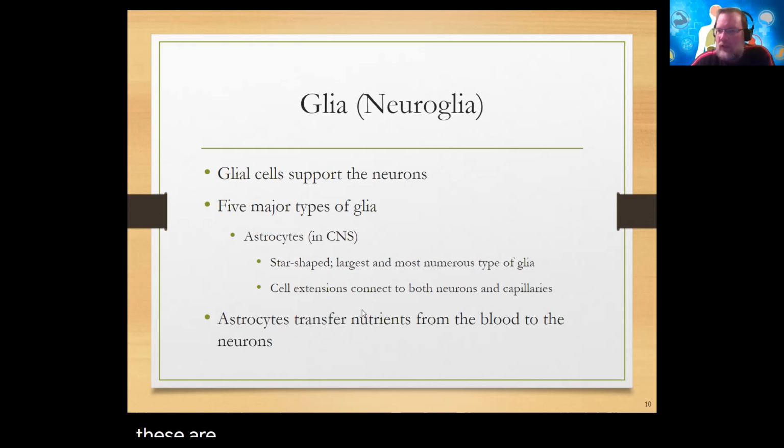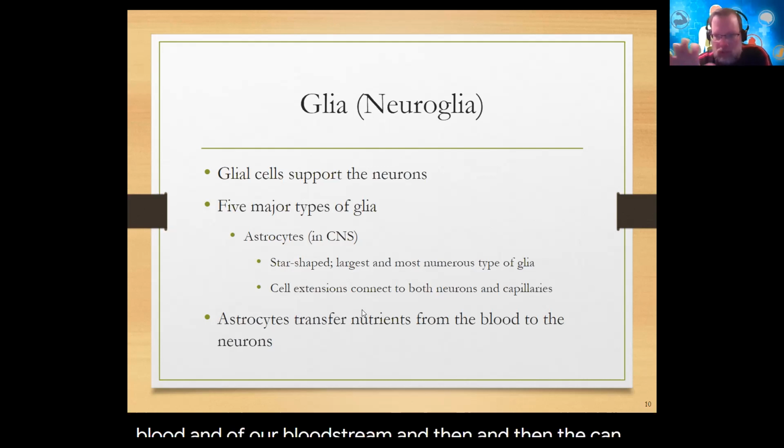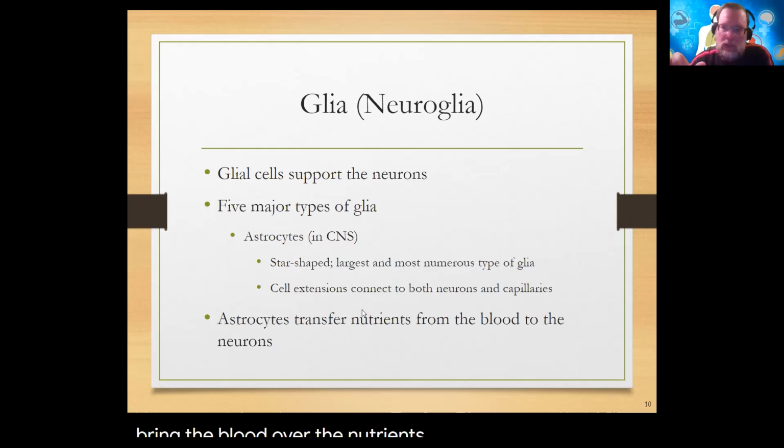They transfer nutrients. They have little arms that extend and connect to capillaries of our bloodstream, and then they bring the nutrients over to the neurons.